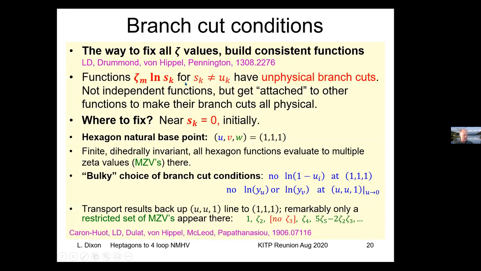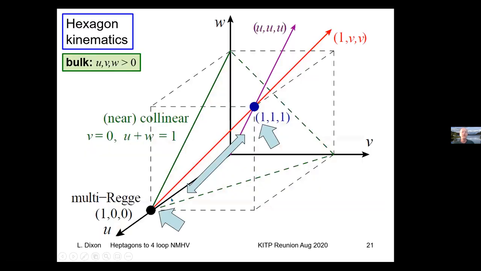So I'm running kind of short of time, so I'm not going to go into much detail about how we implement the branch cut conditions here, but suffice it to say that, unlike the 6-point case where we mostly tried to work in the bulk, in this case we work near the boundary. So in the 6-point case, we are working out here to fix all the zeta values.